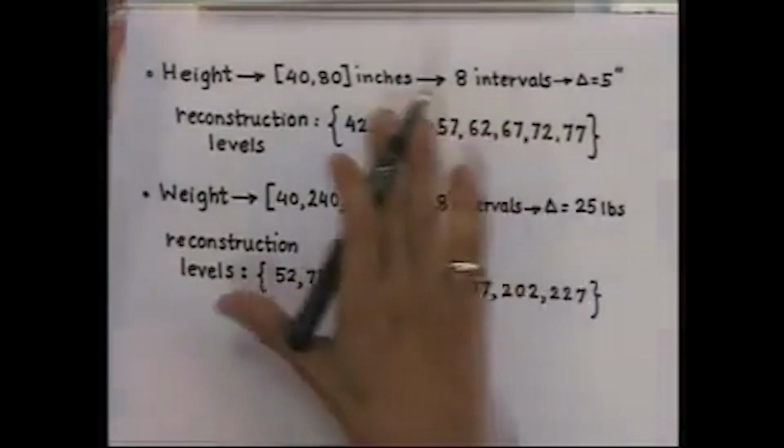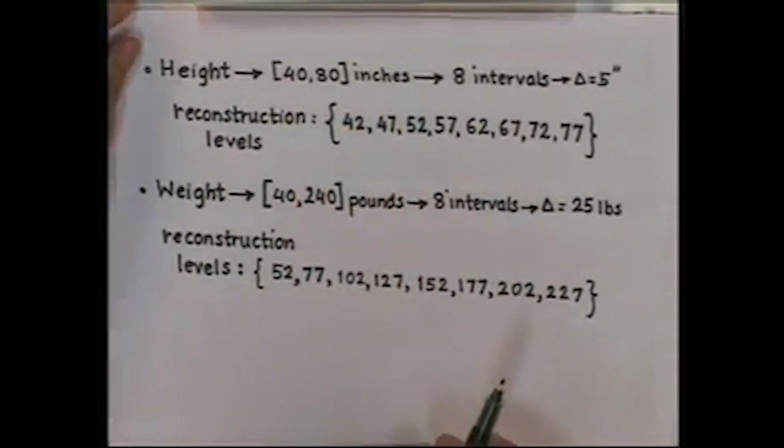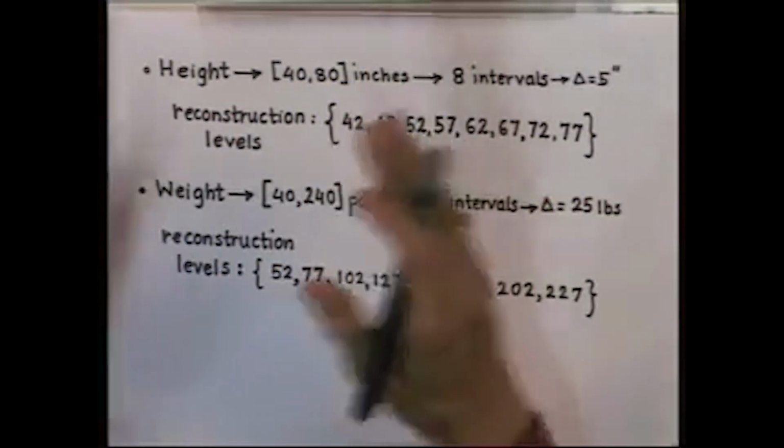Now, let us examine this same problem in 2 dimensions. This can be visualized by plotting the height values along the x axis and the weight values along the y axis, and the 2 dimensional representation of these 2 quantizers is shown here.